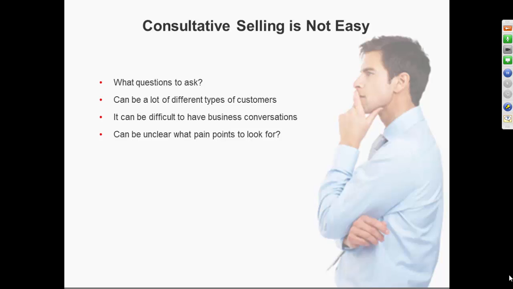If you only sell to one industry and you've worked in your job for a while, you could become very knowledgeable about your industry, and consultative selling can be a little bit easier because you know what industry terminology to use and what key questions to ask. But if you sell to a lot of different industries, it can be difficult to be an expert in all of them and know what to say or what to ask. And it can also be difficult to have business conversations.